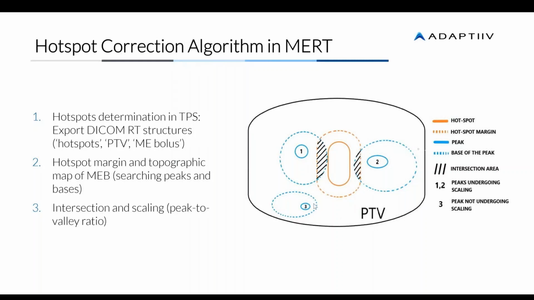But if the base of the peak, designated as 3 in the dotted blue line, does not intersect the hotspot margin, which is also user selectable, then peak number 3 will not undergo any further modulation. To wrap up this hotspot correction algorithm, only the peaks whose bases do intersect the hotspot margin will undergo further scaling.